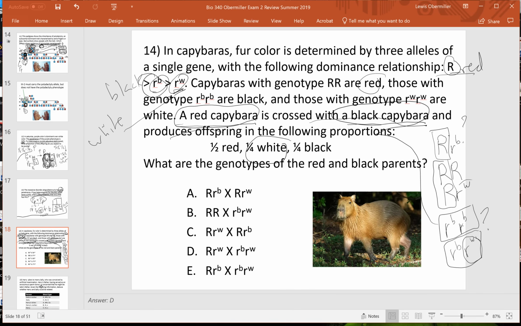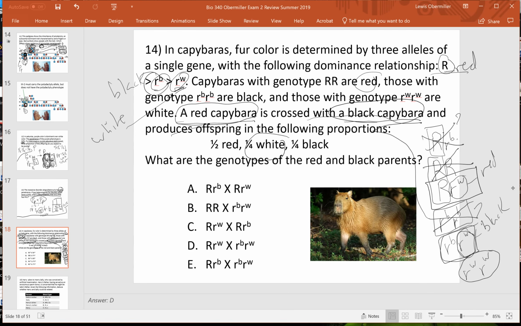And to do that, it has to be this, and it has to be this, because in order to get white, you have to have this offspring. So we can immediately get rid of that and get rid of this. And we know that it has to be this one, and we can get rid of this because it also has to be this one. So this is the red one. This is the black one.